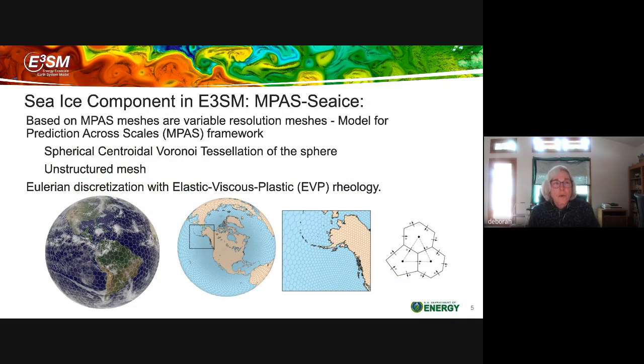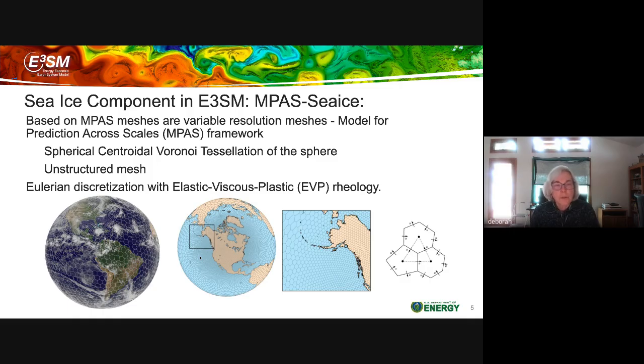Okay, so what does the sea ice component look like in E3SM? It's called MPAS-SI-MPM, where MPAS stands for the type of meshes that are used. That's Model for Prediction Across Scales. And these are Voronoi tessellations of the sphere. They can have variable resolution. You can see finer resolution near the coast here and coarser resolution away, for example.